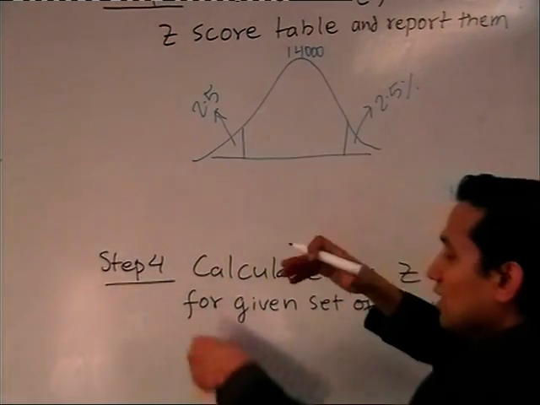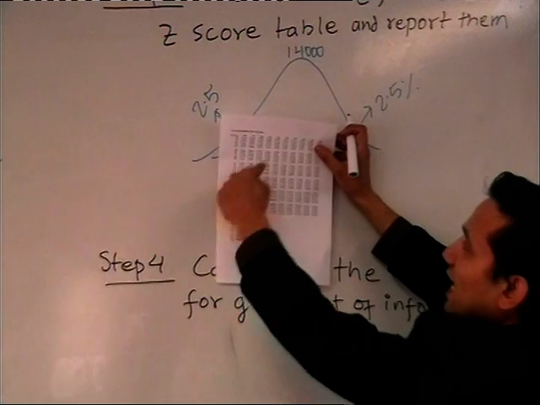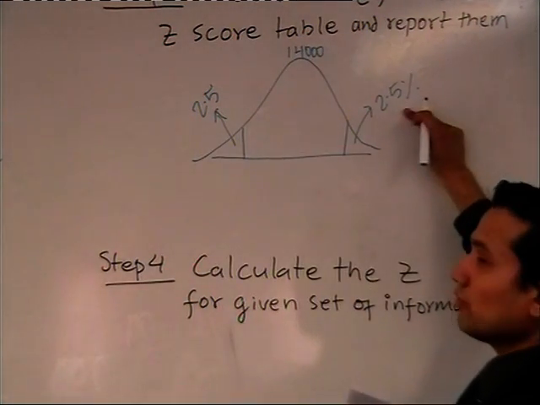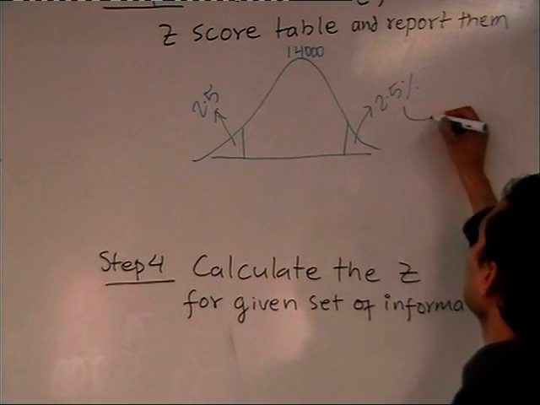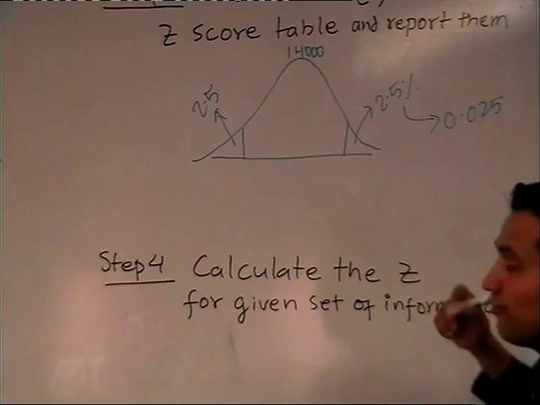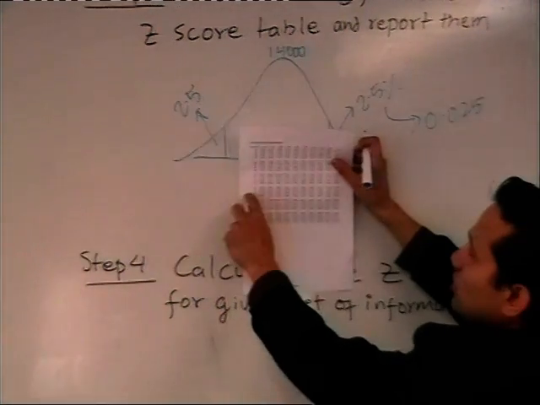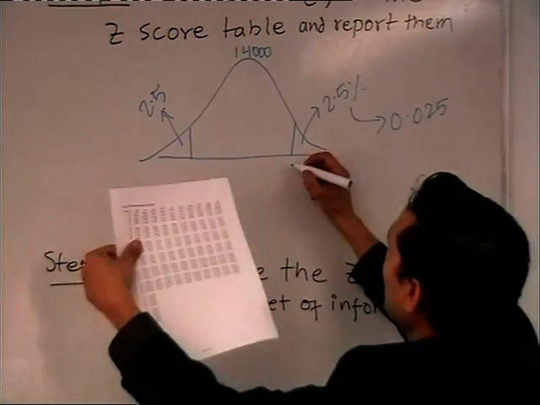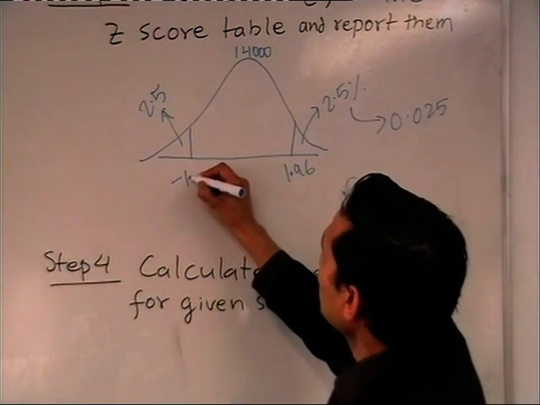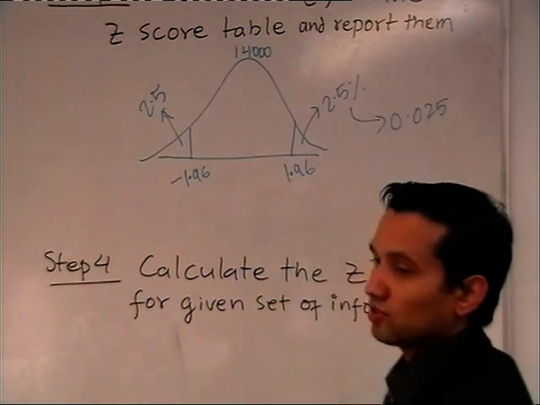This table gives the area in decimals, not percentage, so we convert 2.5% to 0.025. This 0.025 in terms of z-score is 1.96. On the other side it will be minus 1.96.